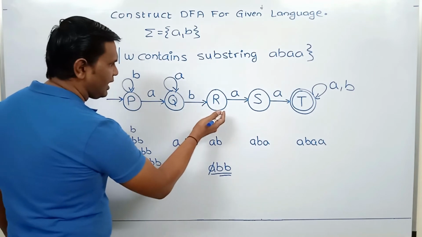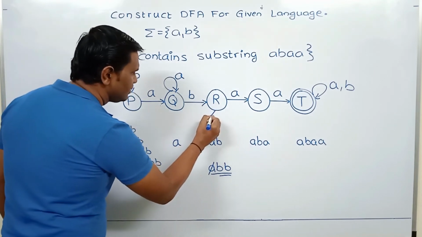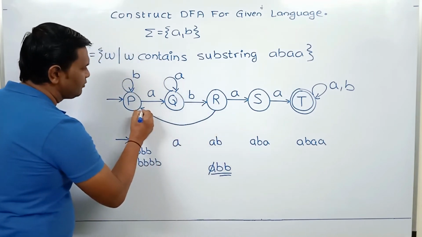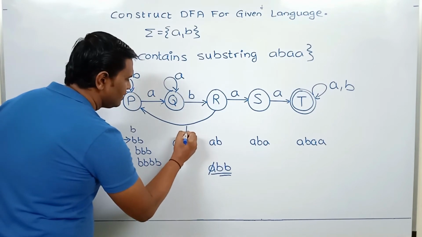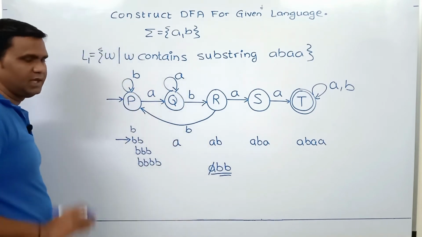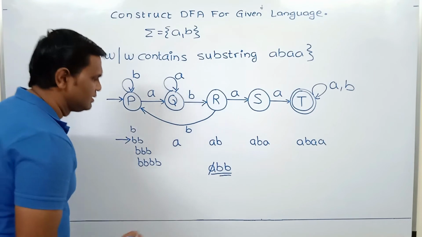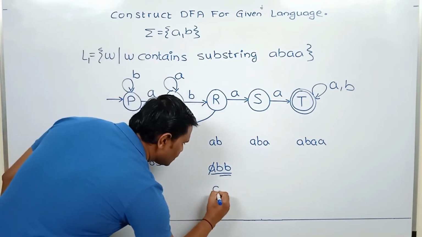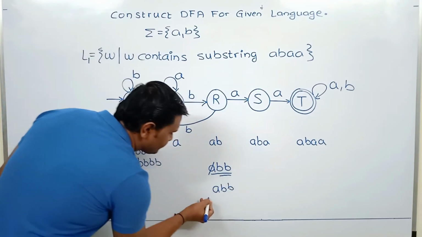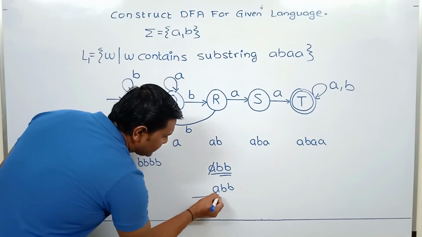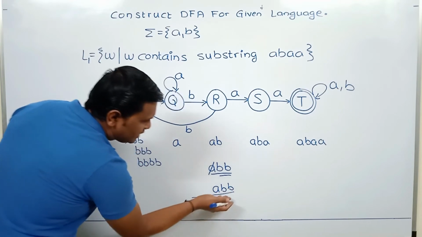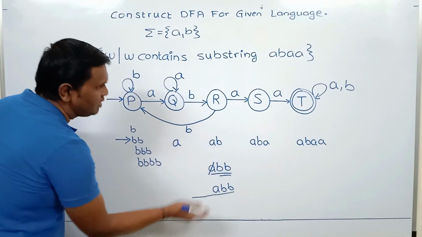So from R, while in R, if we process symbol B, we come back to state P. The reason is, after processing ABB in the string, the last three symbols are ABB.